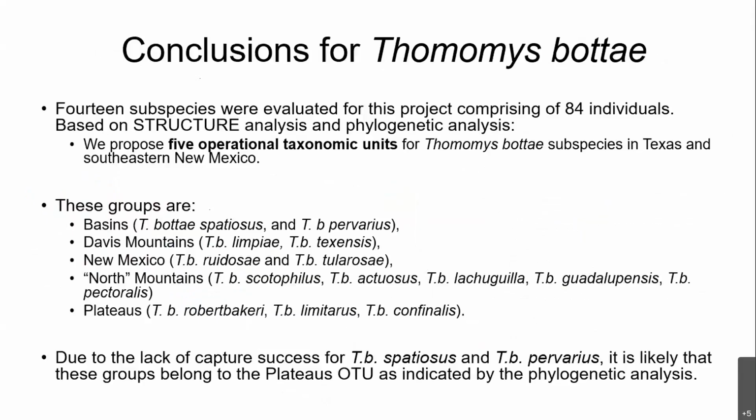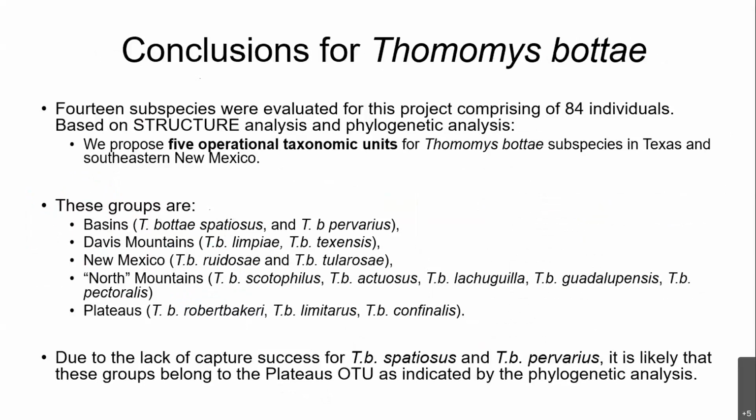So just some brief conclusions for the Mummies. Again, 14 species were evaluated, comprising 84 individuals. Based on structure analysis and phylogenetic analysis, we proposed 5 OTUs.